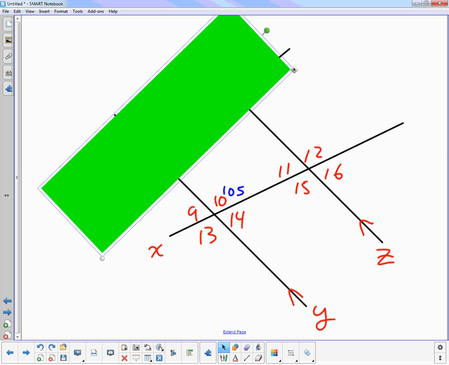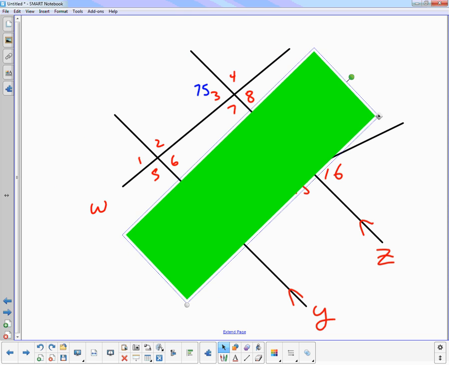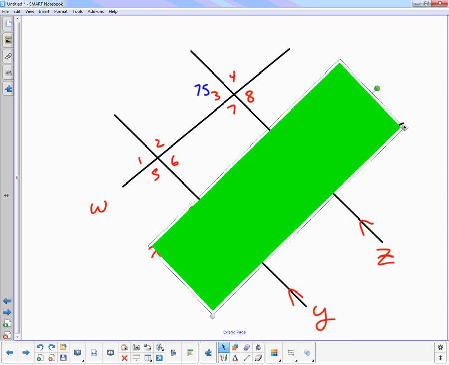You can talk about these four, 9, 10, 11, 12, 13, 14, 15, and 16. These are all related to each other. This is a normal looking picture, right? If you think about the normal looking parallel line picture we always deal with, that's what one looks like, right? And this is one that looks normal too. Those four, 1 through 8, they make a normal kind of parallel line picture, right?